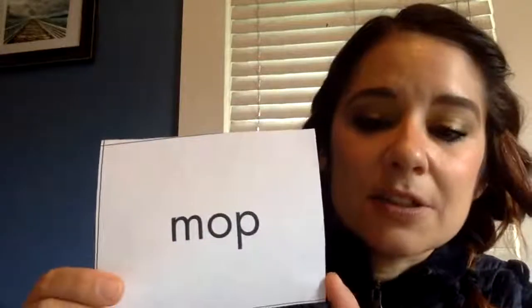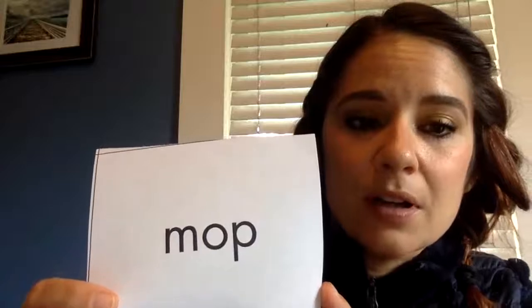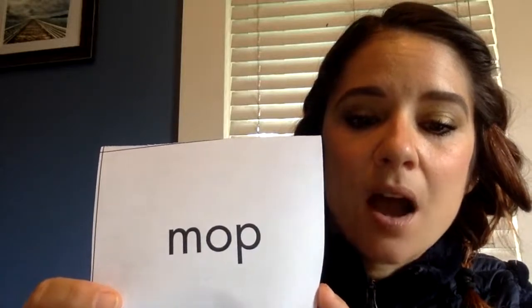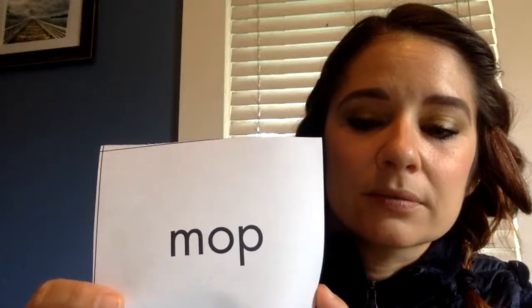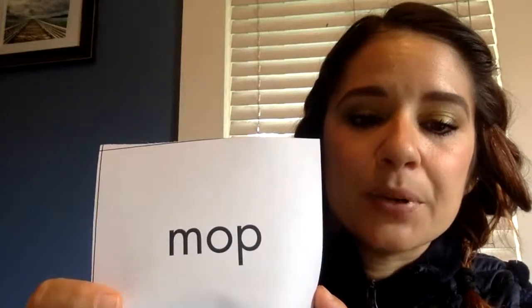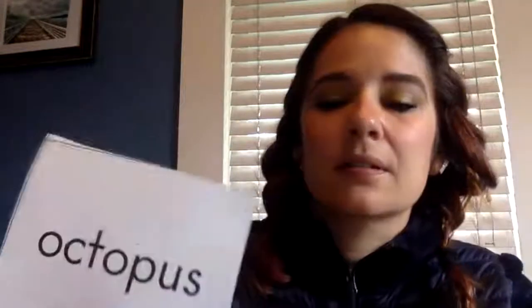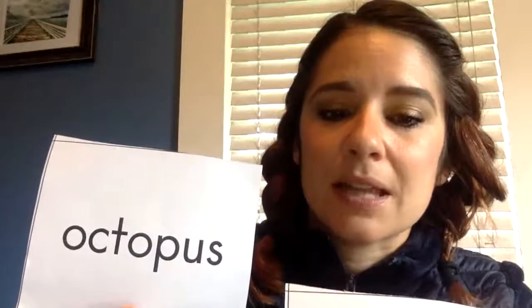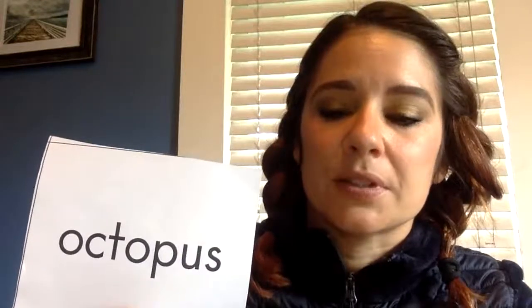Let's start with mop first. Notice it's a 3-letter word. Our vowel is in the middle. Notice the O makes the ah sound. Okay, now let's look at octopus. Notice that octopus has the same sound just like the mop does in the center. Op and octopus.